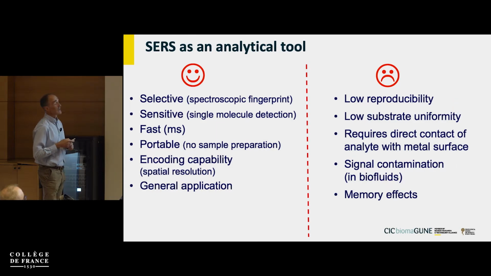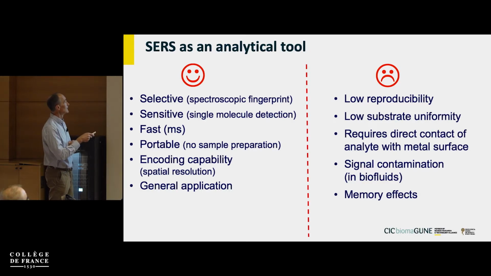All right, in my own view, SERS has a large number of advantages that should allow it to become a routine analytical technique. But unfortunately, there are also still some problems that need to be resolved properly so that the users will rely on the technique.